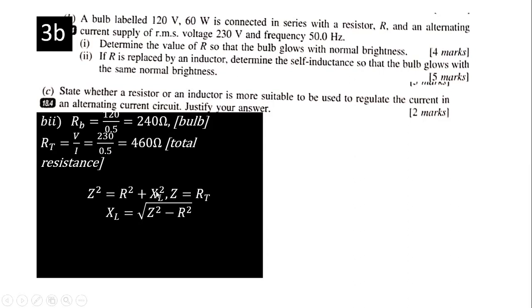Put ZL on the other side, square the other side, and then square root that, and put in your value: 160 minus 240. Same as your DC, you cannot subtract directly. You have to square that and then take a square root using Pythagoras' theorem. Then put in your value. XL is 2 pi FL.